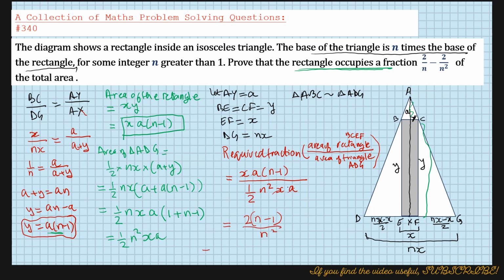And that is 2n out of n square minus 2 out of n square, and that would be 2 out of n minus 2 out of n square, and that is exactly what we've been asked to prove. So that concludes our proof, and this is the answer, or we can say proved.